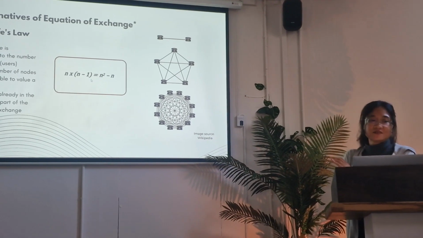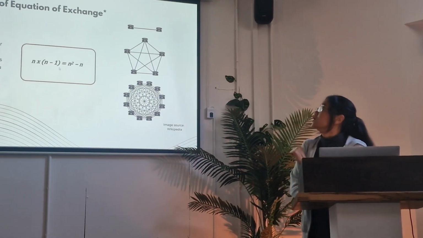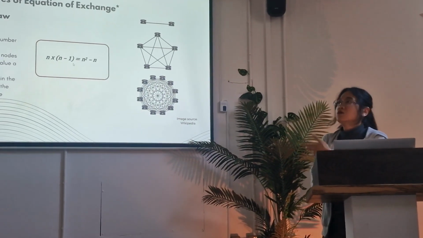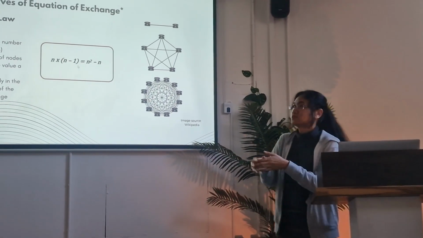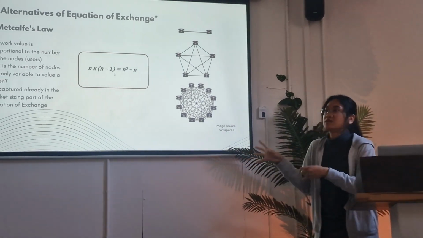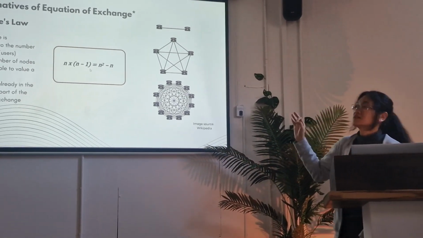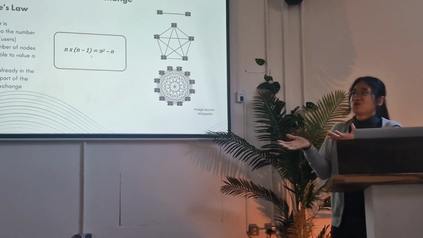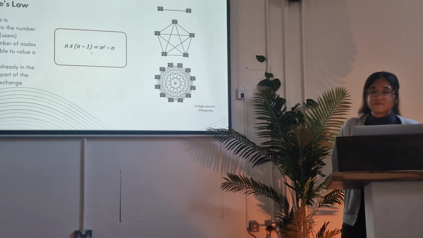So there are alternatives such as Metcalfe's law. Basically, the network value is proportional to the number of nodes, which makes sense because with bigger users, and in this case in blockchain the nodes, the market size is bigger than in smaller nodes or in a smaller blockchain use case.